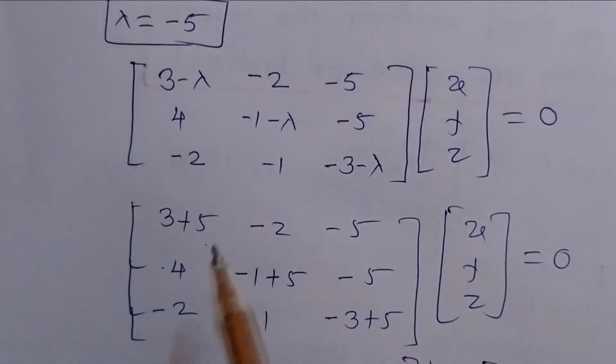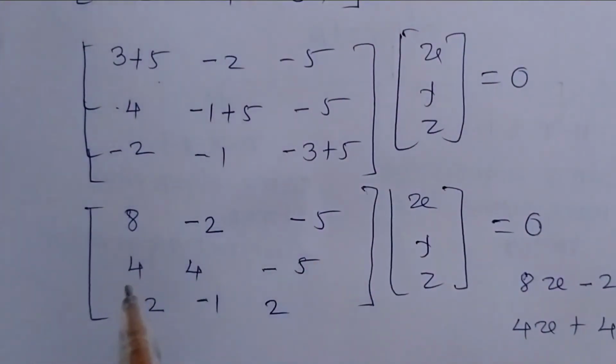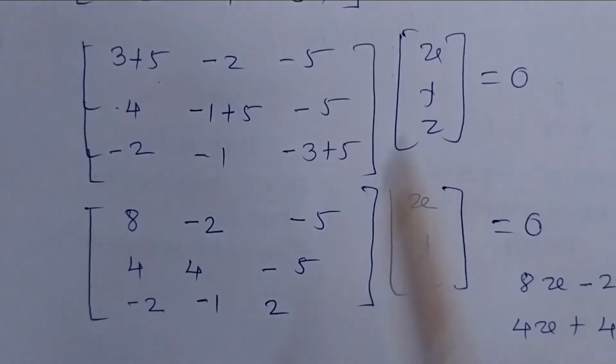That is (3 plus 5, -2, -5; 4, -1 plus 5, -5; 2, -1, -3 plus 5), so it becomes (8, -2, -5; 4, 4, -5; 2, -1, 2) times (x, y, z) equal to 0.